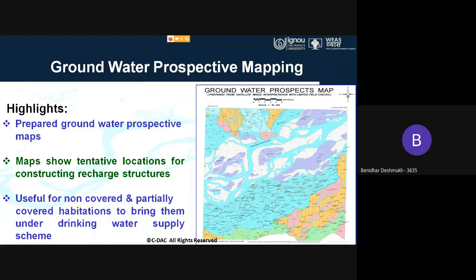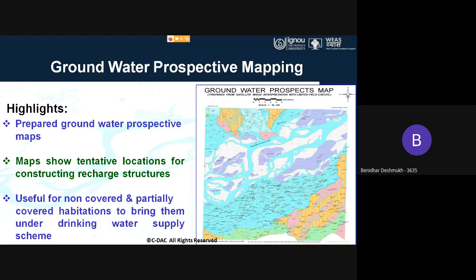This was part of a national project, the Rajiv Gandhi National Drinking Water Mission project. Under that project, this map was prepared, and the project aimed to identify areas of rural habitations where there is no source of drinking water, so that a tube well or something similar can be dug and the population can find potable water. So this is another application for drinking water supply.